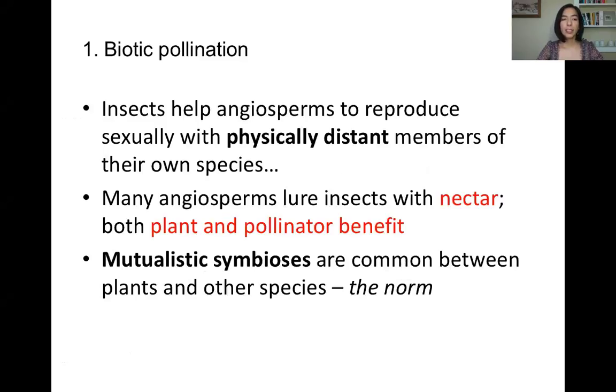In biotic pollination, we have insects or other animals that help angiosperms to reproduce with members of the same species that are physically distant. And many angiosperms are going to lure insects with nectar such that the plant and the pollinator will benefit. So that's a mutualistic relationship.